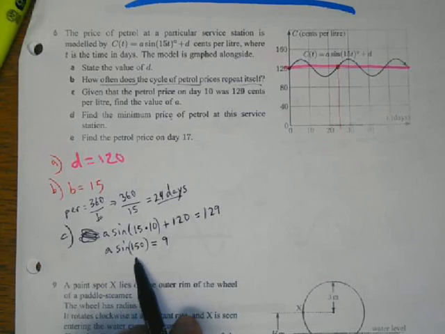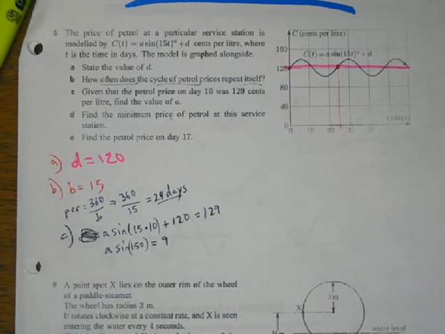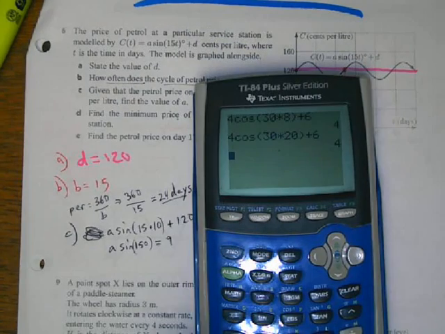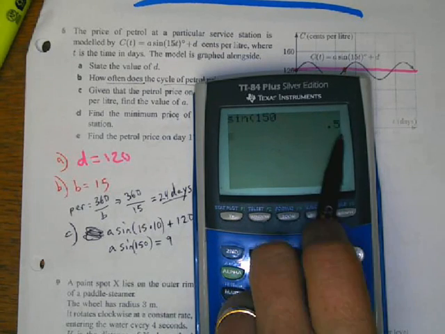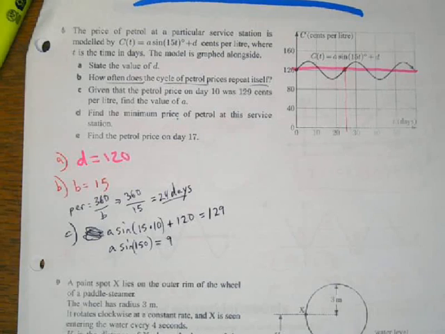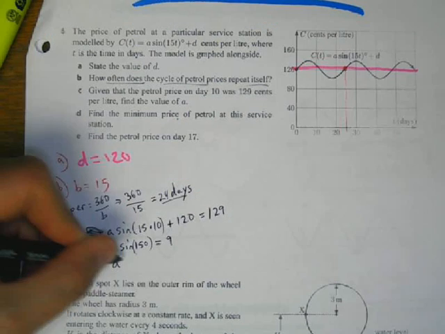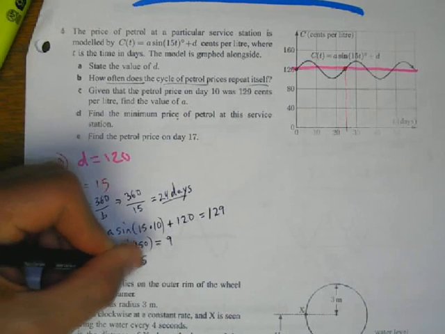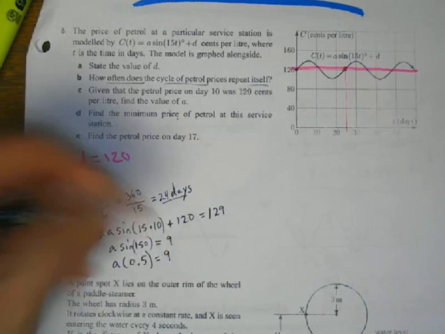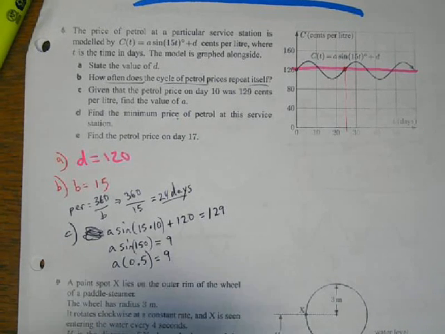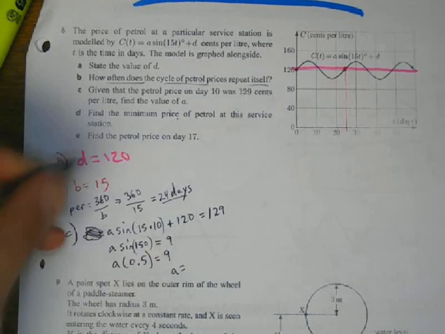Sine of 150, and I get 0.5. So A times 0.5 equals 9. And so divide by 0.5, and A equals 18.